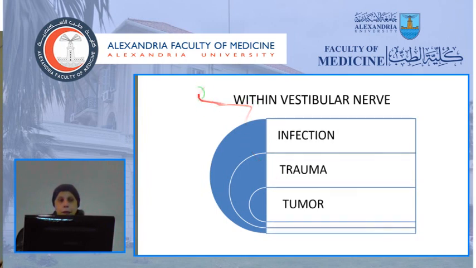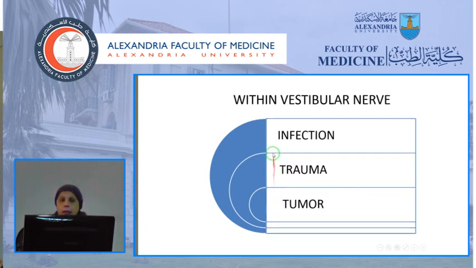If you look at the vestibular nerve, it may be insulted, and if the vestibular nerve has experienced an insult or a pathology due to infection, or to a surgical trauma, or to a tumor like the vestibular schwannoma, then you can again see nystagmus, and you can see dizziness or vertigo or instability.